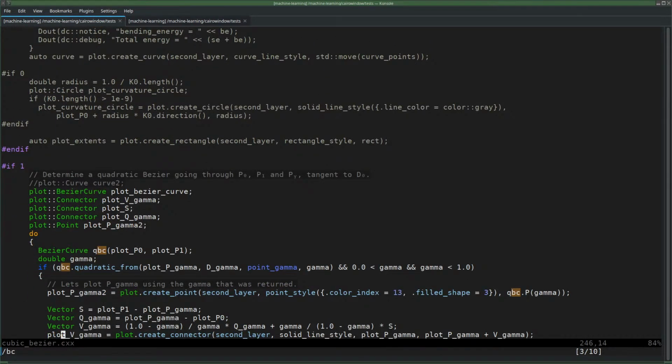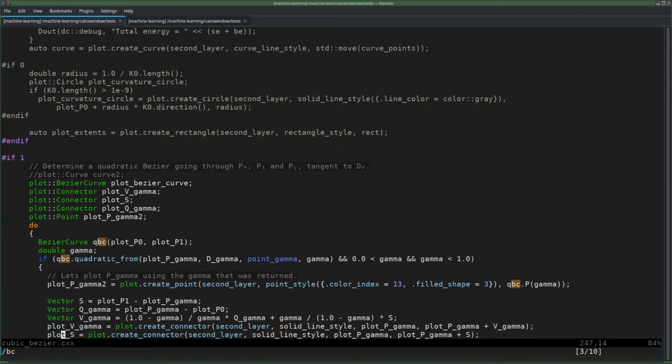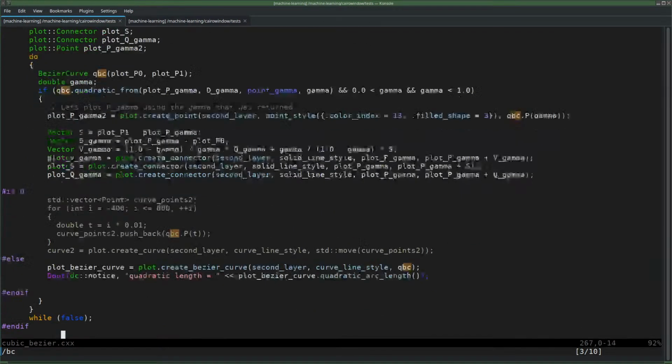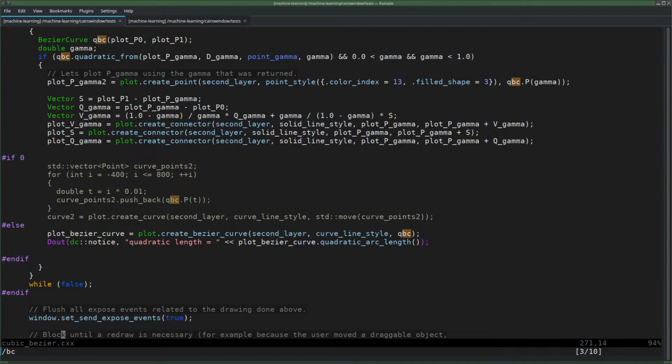No. Oh, here. Create Bezier curve. That's what we need. And then you can pass the Bezier curve through that.